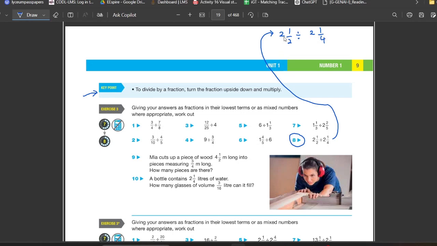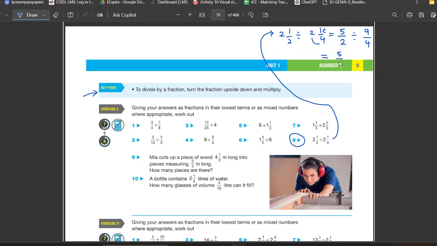So 2 times 2 is 4 plus 1, 5 over 2, divided by 2 times 4 is 8, 8 plus 1, 9 over 4.